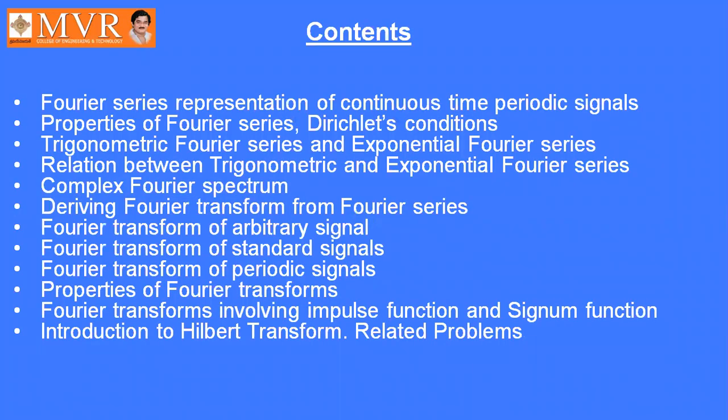The topics involved in this second unit, Fourier series and Fourier transform, are Fourier series representation of continuous time periodic signals, properties of Fourier series, Dirichlet conditions, trigonometric Fourier series and exponential Fourier series, relation between trigonometric and exponential Fourier series, complex Fourier spectrum, deriving Fourier transform from Fourier series, Fourier transform of arbitrary signal, Fourier transform of standard signals, Fourier transform of periodic signals, properties of Fourier transforms, Fourier transforms involving impulse function and signum function, and finally the introduction to Hilbert transform and some related problems.